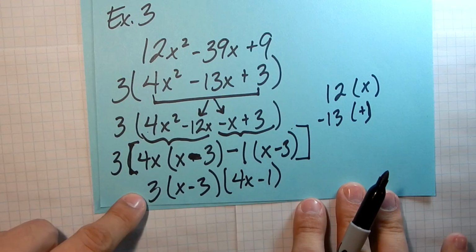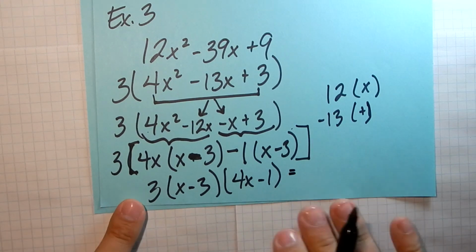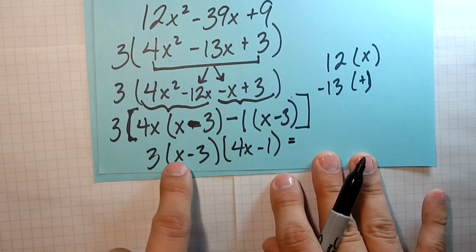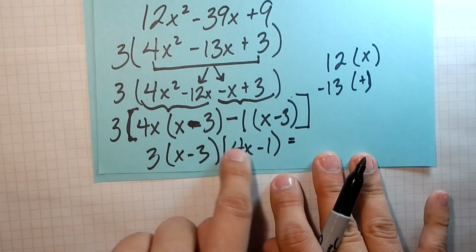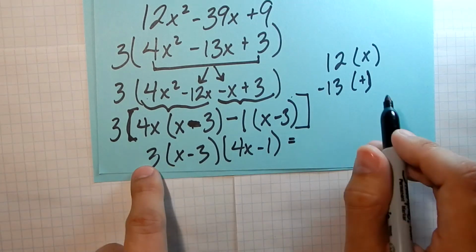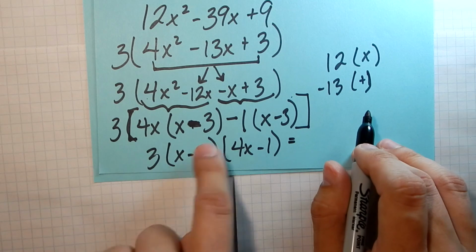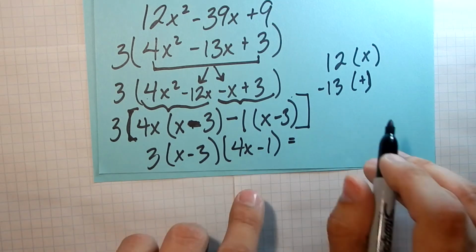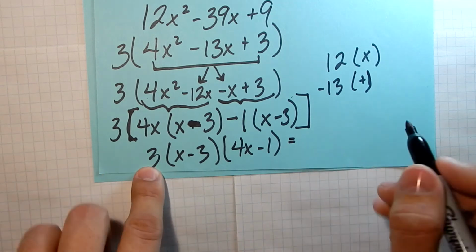Now, if you felt like not having this 3 hanging out here, you could multiply it into either one of these two terms. You could distribute it in. We don't want to distribute it into both of them because that would be the same thing as multiplying by 9, and that's not the same thing because this is a 3.